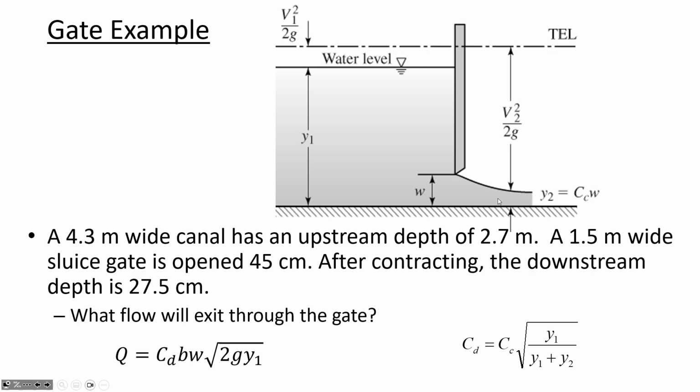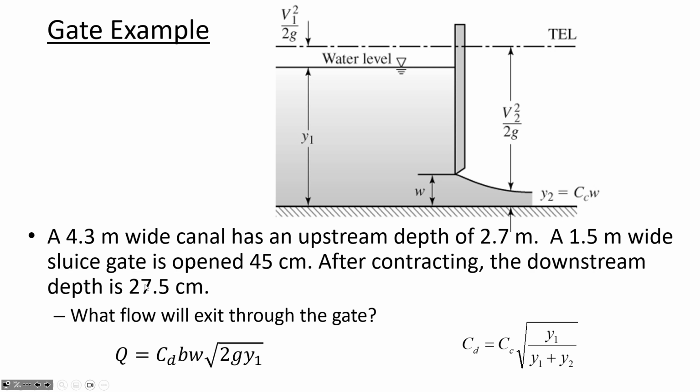So from the side view, Y1 is 2.7 meters, and the gate opening is 45 centimeters. So W is 45 centimeters. And then after contracting, meaning here at Y2, the depth is 27.5 centimeters. So what we need to know, the flow rate that's going through the gate, is first of all you should calculate the coefficient of contraction.